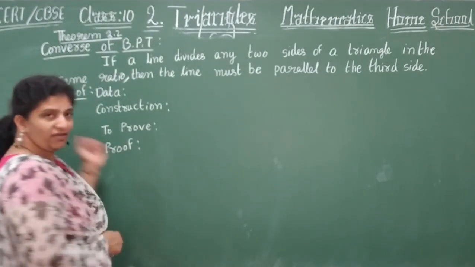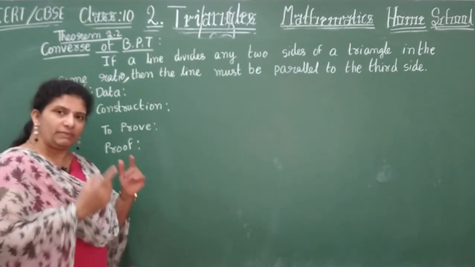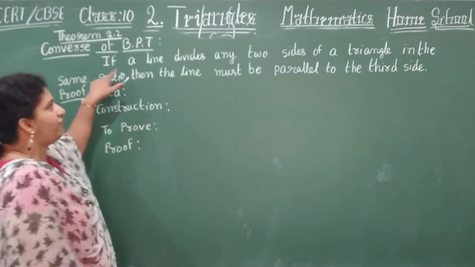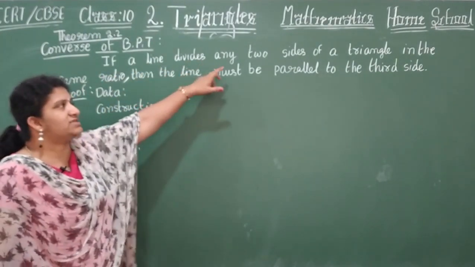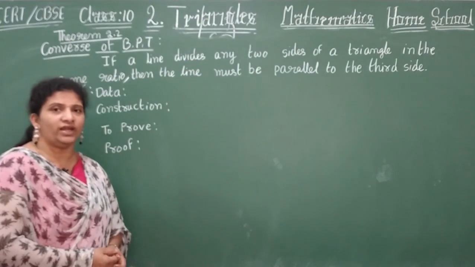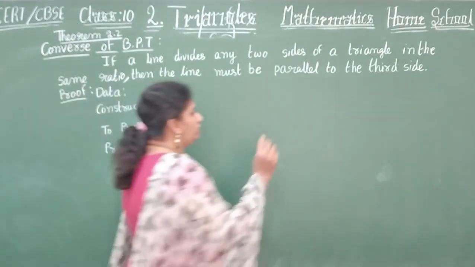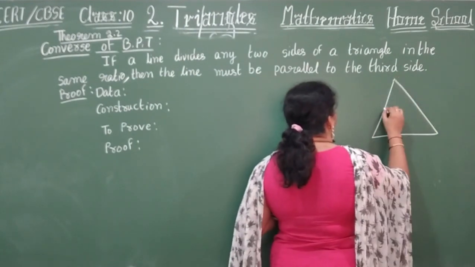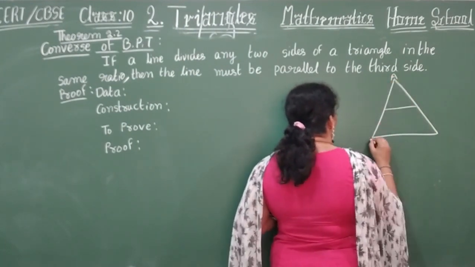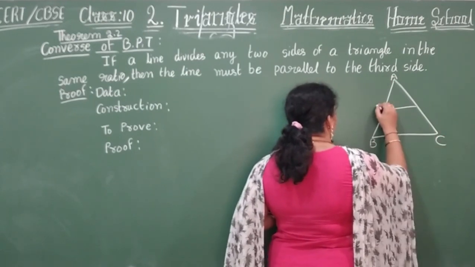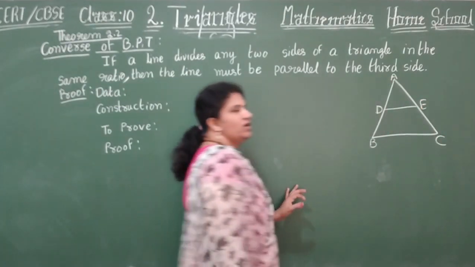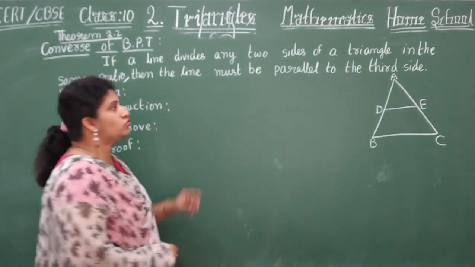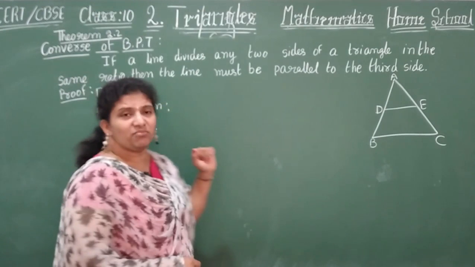So observe here carefully. What is the BPT statement? Just the reverse we are going to say now. If a line divides any two sides of a triangle, suppose let me take a triangle here, A, B, C, D, E, in the same ratio.